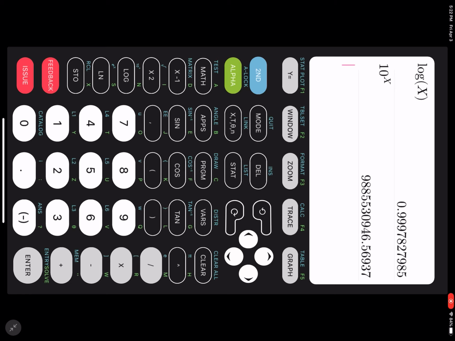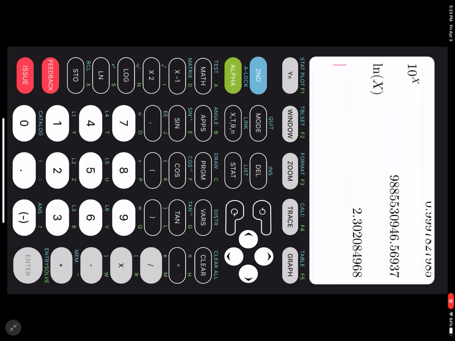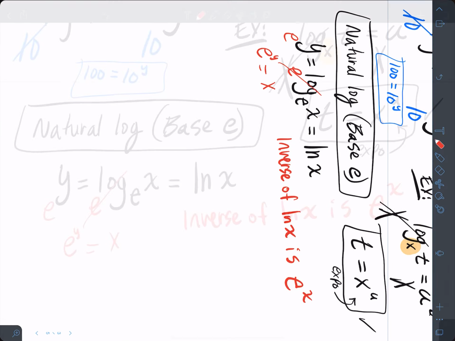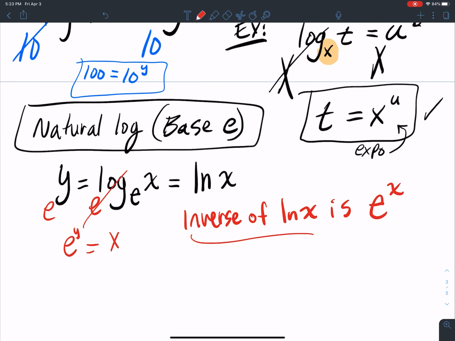Same with my ln right underneath that. That's ln of whatever. And then for the inverse, I do the second and I hit the ln key and I see right there it's e to the x. So that tells you the inverse. I wonder what x is equal to here. Oh, x is 9.995. Okay, whatever. So these are the inverses of each other here.